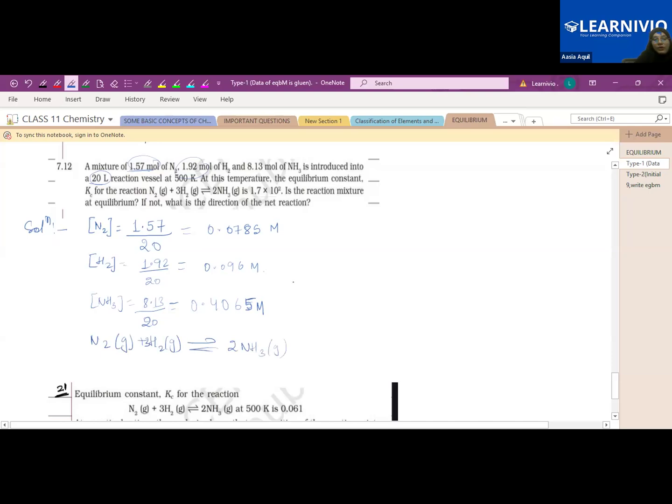Now write down the Q expression, the reaction quotient expression, from this reaction. Yes, Aisha, tell me, what will be the reaction quotient expression for this reaction?